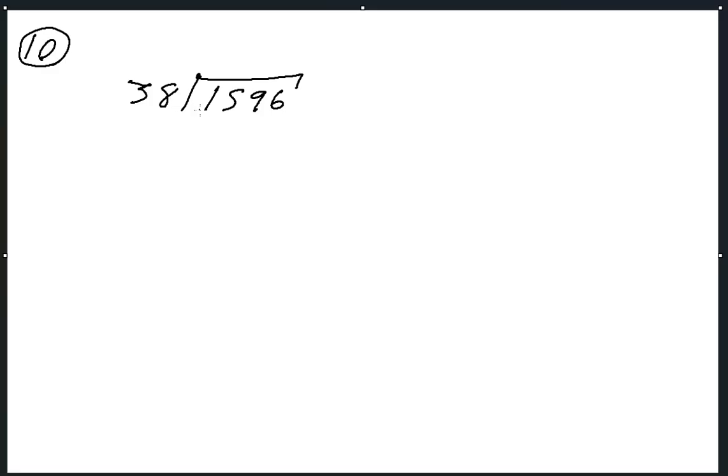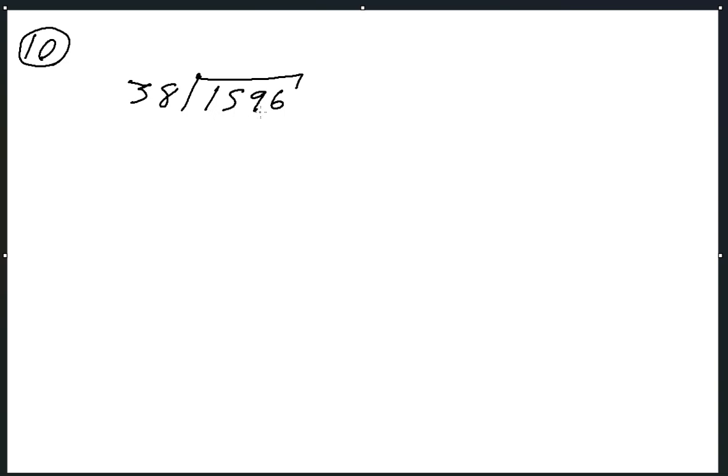So first you have to figure out how many times does 38 go into this number right here. So you start off with the first digit, which is a 1. 38, how many times does 38 go into 1? Obviously none. How many times does 38 go into 15? You go to the second digit, and 38 is larger than 15, so you cannot fit 38 into 15.